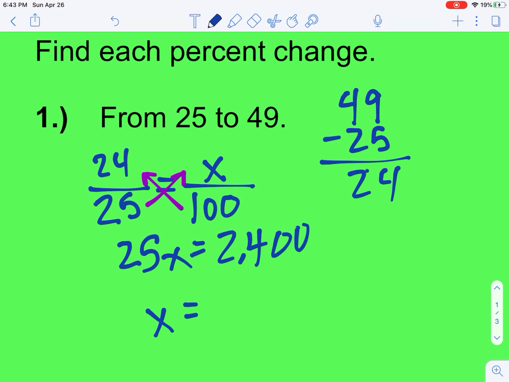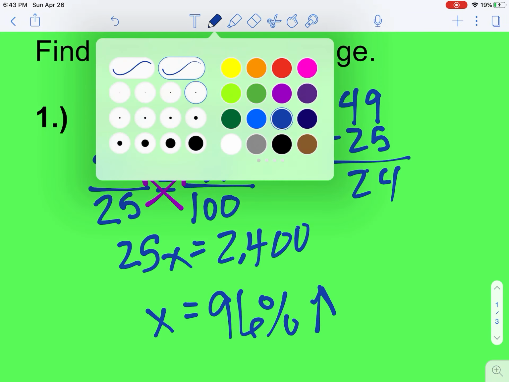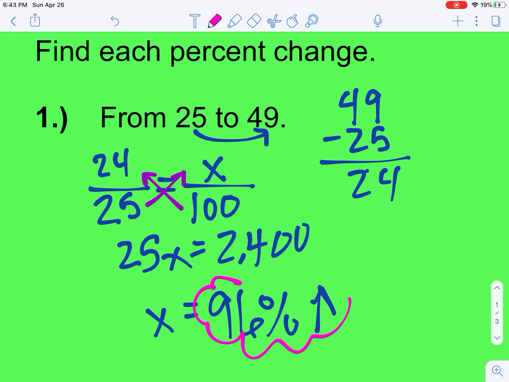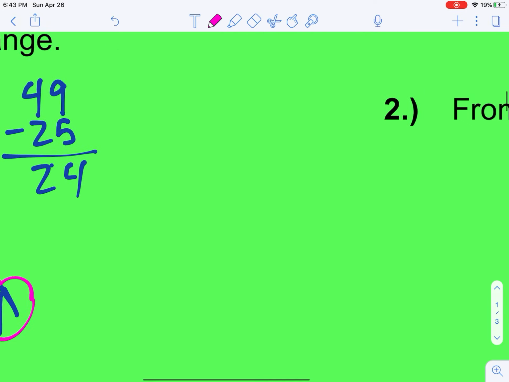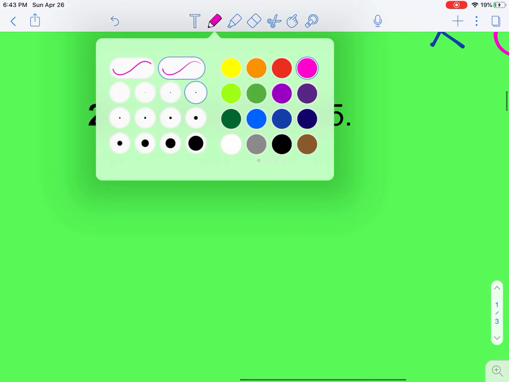Let me double check here just to make sure. 96%. Okay, so we have a 96% increase because I'm going from 25 to 49, so that's going up. Okay. All right, let's do one more problem here, and then we'll look at some word problems.